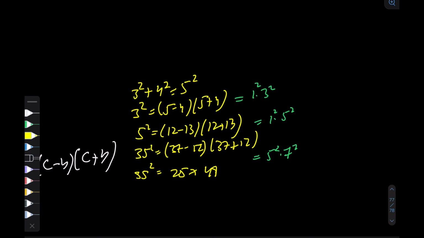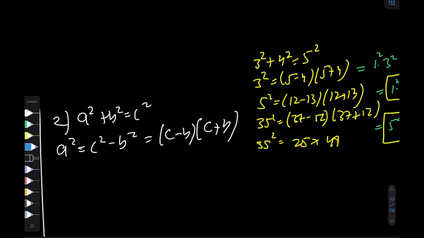Here this was 1 square into 3 square, here it was 1 square into 5 square, here it is 5 square into 7 square, which I'm basically saying that it is always the case that c minus b is itself a square and c plus b is itself a square, which of course when you multiply two squares you get another square. Let's try to prove that it is never the case that c minus b is not a perfect square and c plus b is not a perfect square.